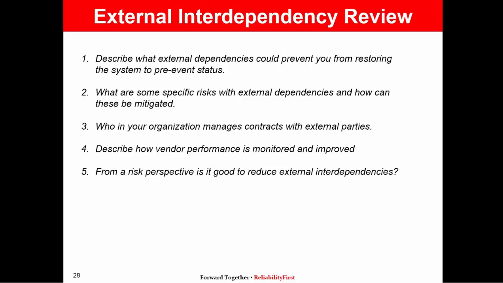Who in your organization manages contracts with external interdependencies? This could be someone in your supply chain, but someone in your supply chain would need to understand the business unit needs, and there would have to be coordination to ensure that the right contracts and terms are put in place that would answer the business unit needs.